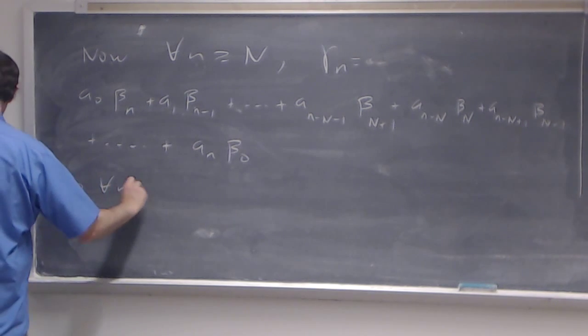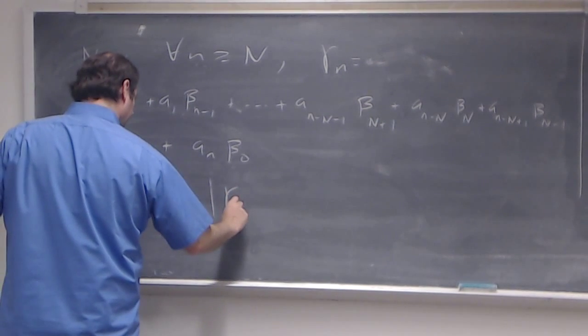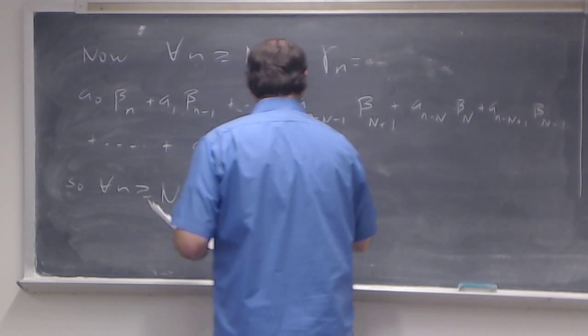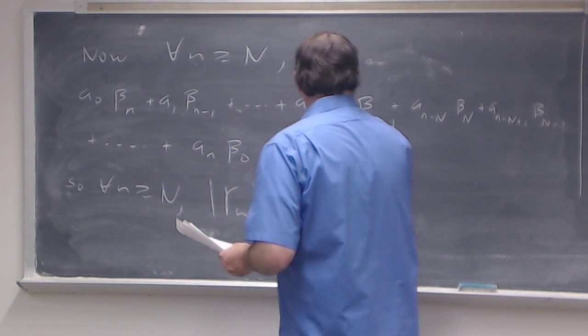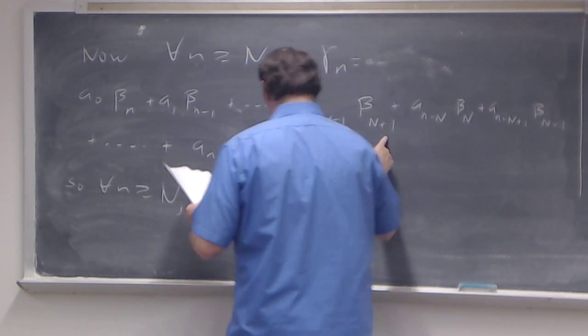So for all n bigger than or equal to big N, we've got that the absolute value of gamma sub n is going to be less than or equal to, well, I'm going to say the absolute value of this first part here, up to this term.